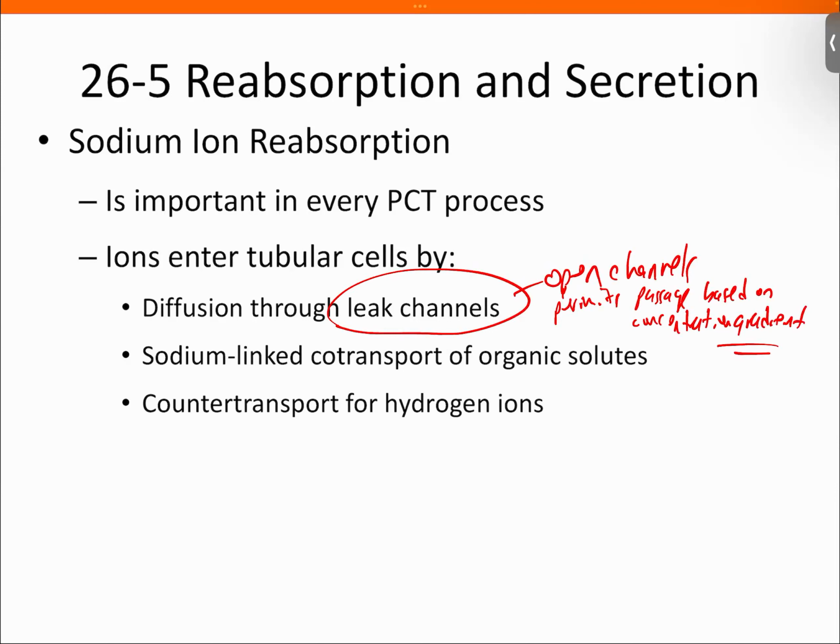So once you actually get the sodium back, then you can use the sodium to do co-transport of organic molecules, like for instance, glucose, right? That's a good example. You're going to be taking your glucose back because some glucose does make it into the filtrate, but guess what? It took a lot of energy and a lot of work to eat that glucose in the first place, didn't it?